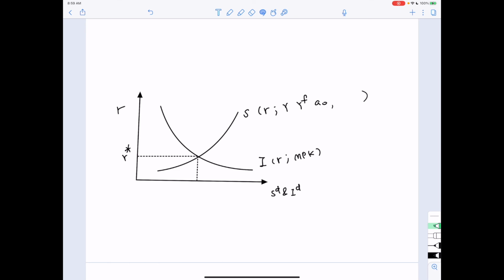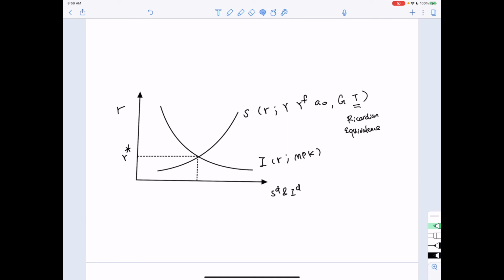Here, we show that saving is a function of the real interest rate, the current income, future income, and the initial wealth. When we add in the government, the government expenditure affects the saving decisions, and the tax also affects the saving decisions.